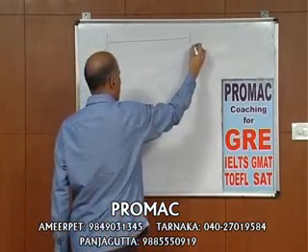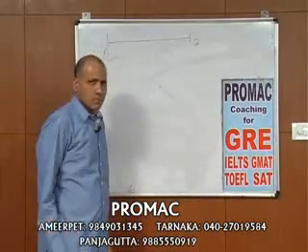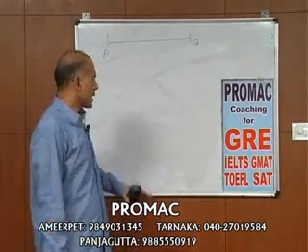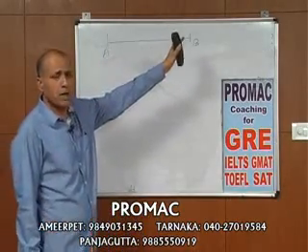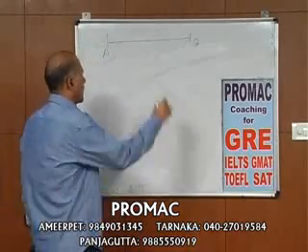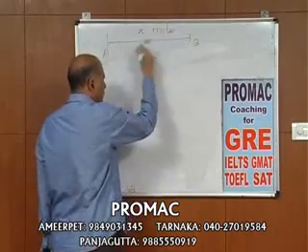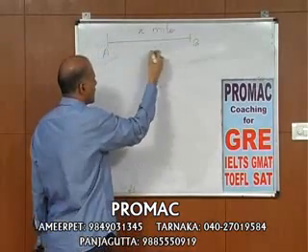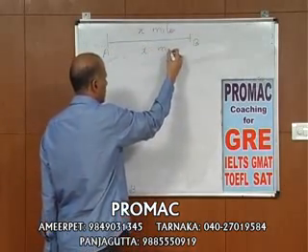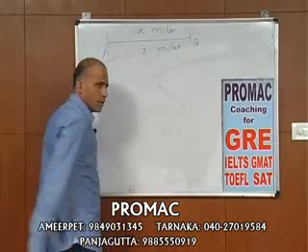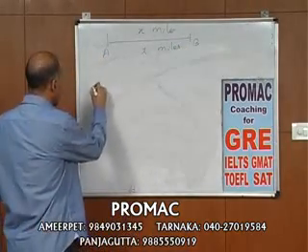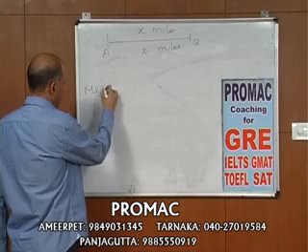I am travelling from A to B. What is the distance from A to B? I do not know. So let's call it x miles. If A to B is x miles, obviously B to A also will be x miles. What is mean speed?